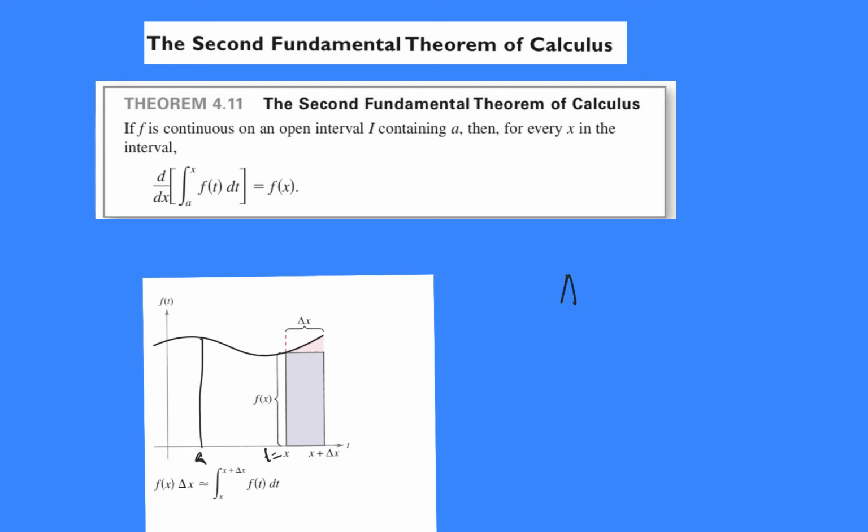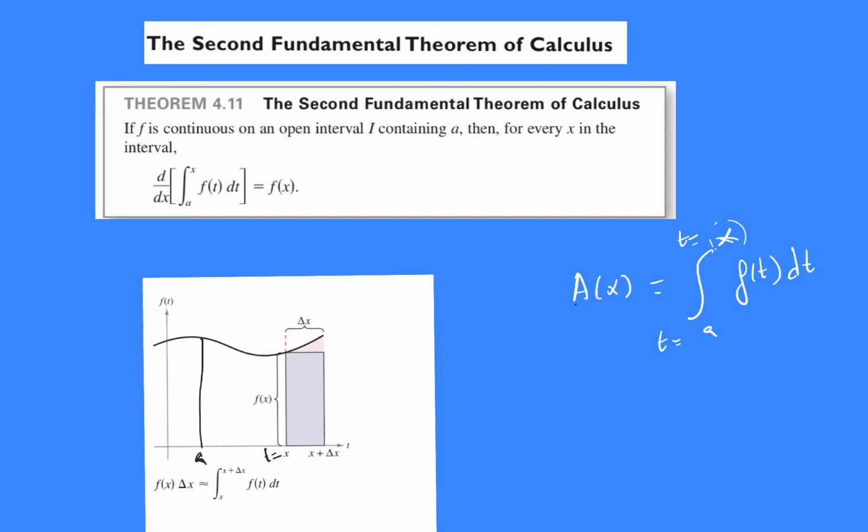The area between a and x is the integral from a to x of the function, and I need to put f of t dt because the variable x is here, from t equals a to t equals x. So when I move the point x, there is a change in the area.